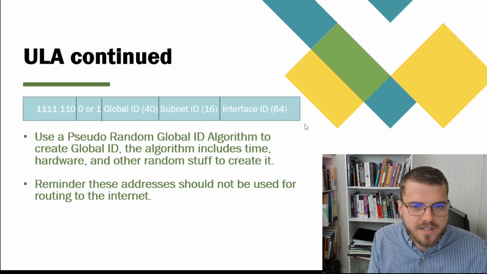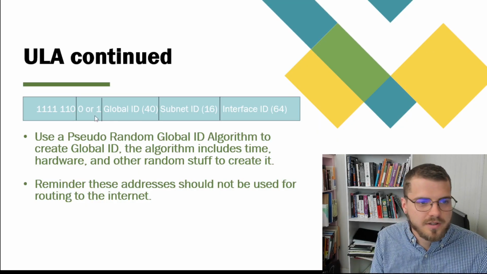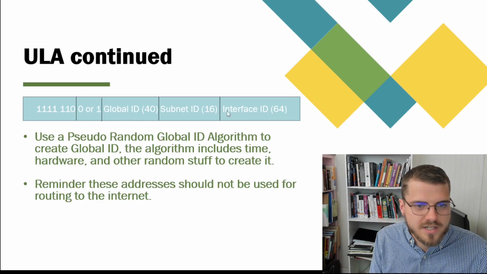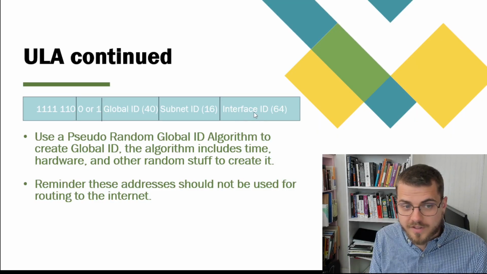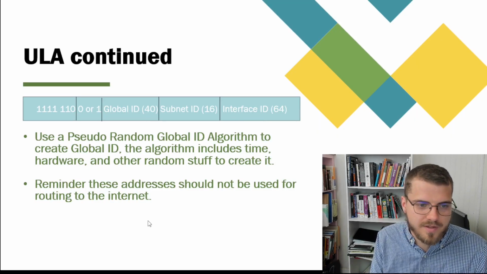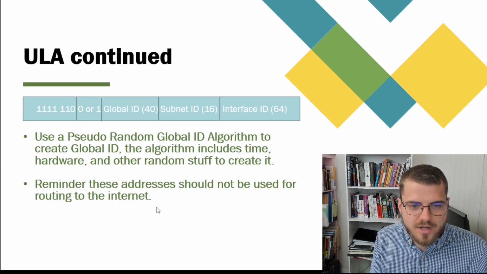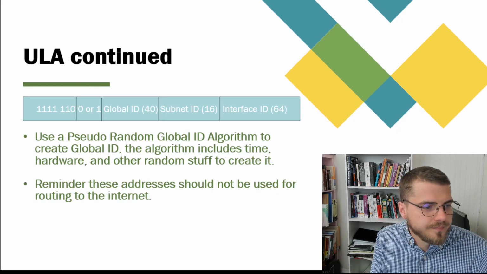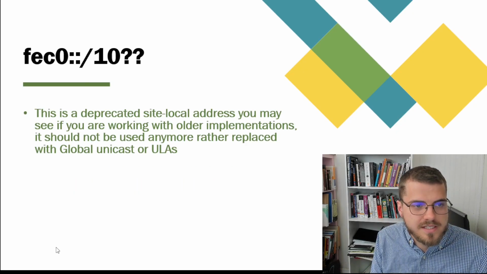Obviously, I didn't space these graphics equally, so this is not a literal representation. Clearly, the 64-bit interface ID should be half of it, if that were correct. And just a reminder, these should not be used on the internet. Then every now and then you might see an FEC0/10.